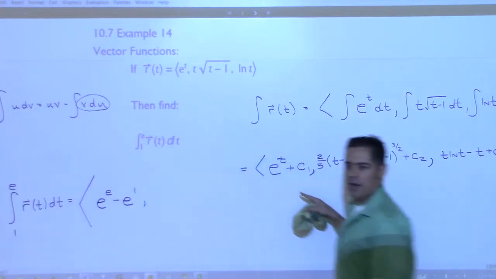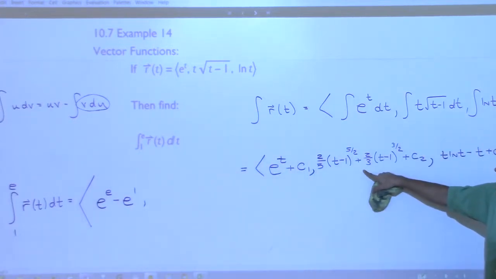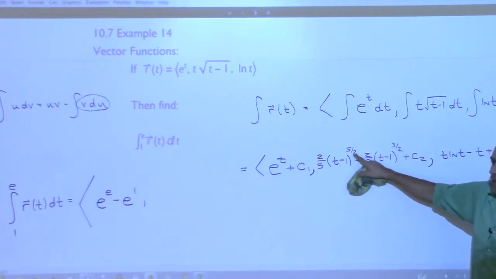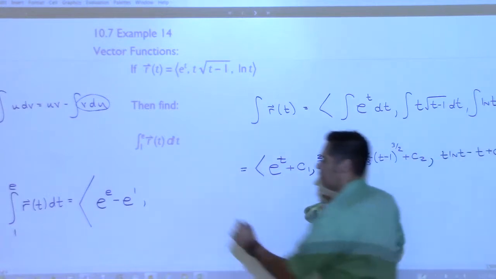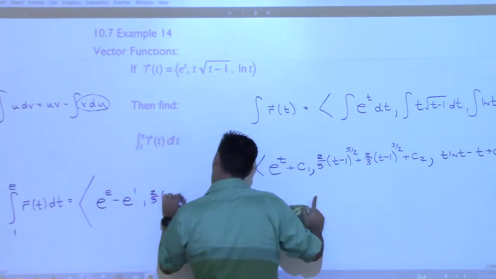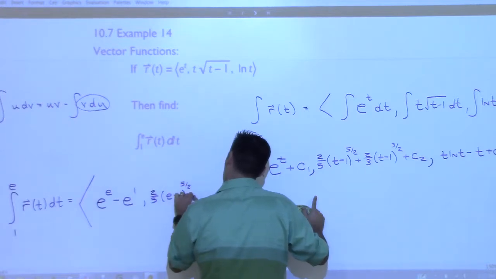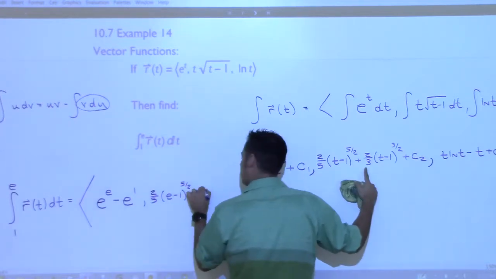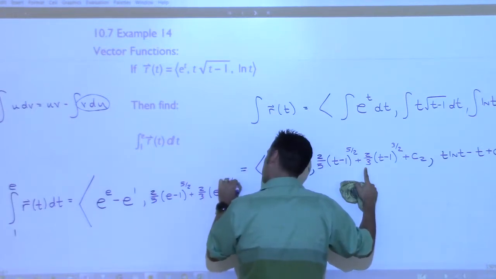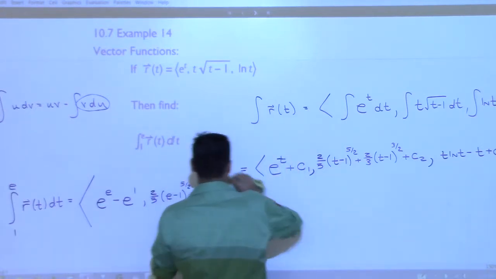That's the first piece, right? And then I have to do the same thing here, right? So it's going to be 2/5 (e minus 1)^(5/2) plus 2/3 (e minus 1)^(3/2), 3 halves, sorry. 3 halves.